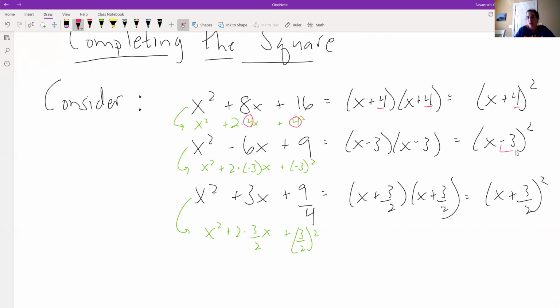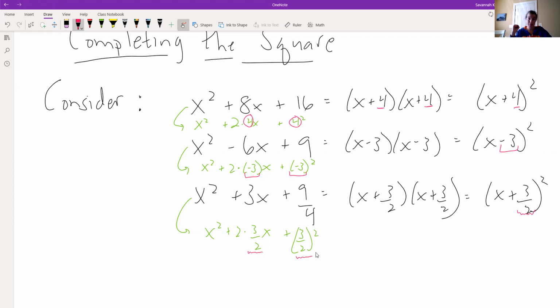If -3 was the quantity that ended up in the final answer in this position, well, the middle term was 2 times -3, and the last term was -3 squared. If 3/2 was the number that ended up in that position, well, lo and behold, the middle term was 2 times 3/2, and the final term was 3/2 squared.